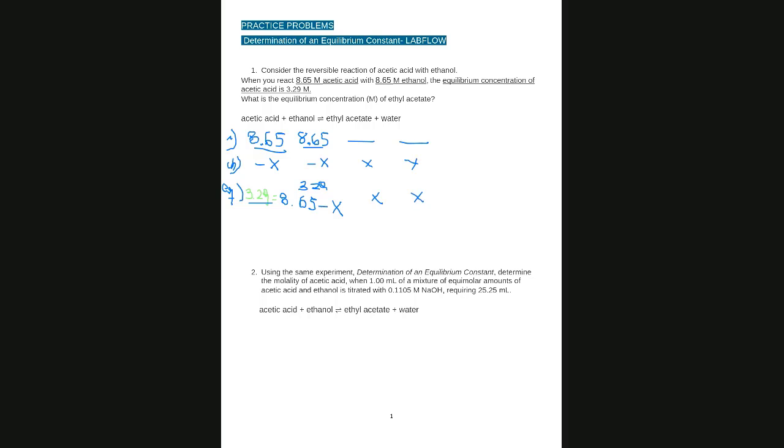So all we have to do, from this equation, is to solve for x.